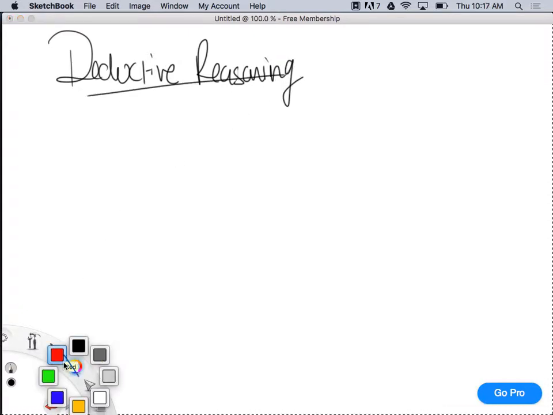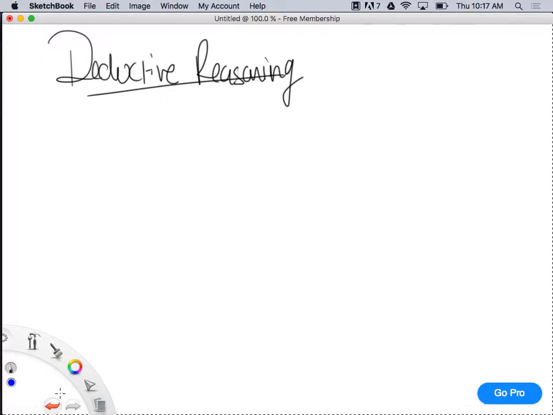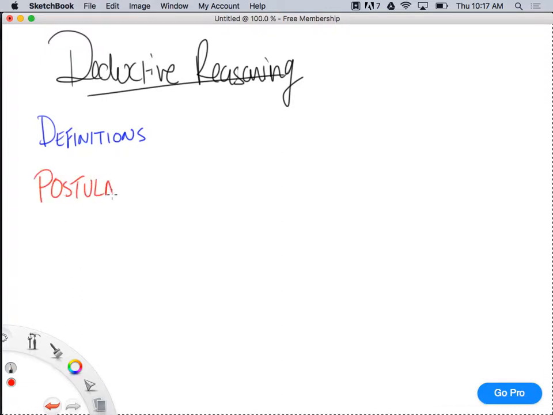And the deductive reasoning consists of definitions, consists of postulates, it consists of properties, and it consists of theorems.